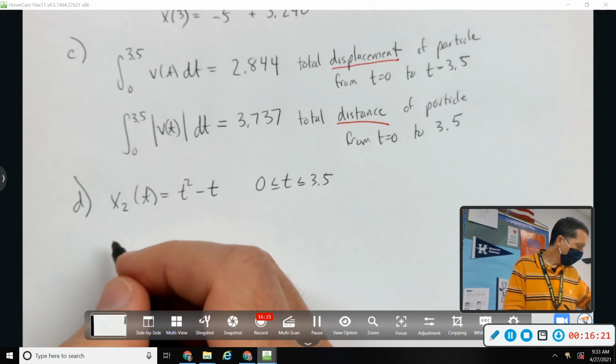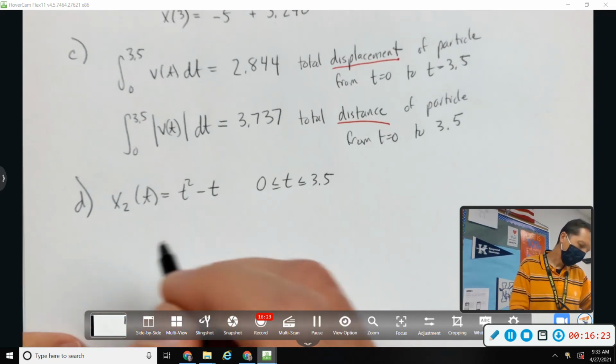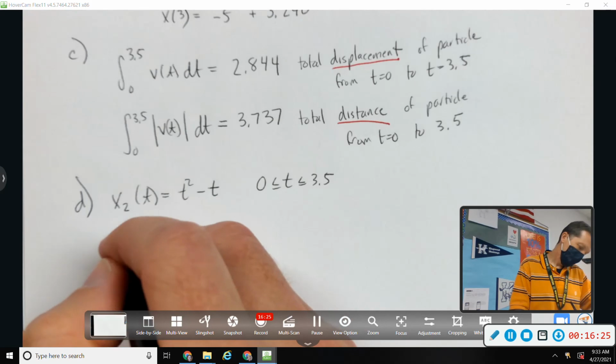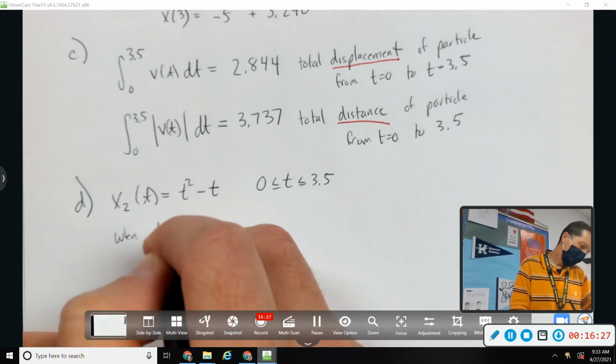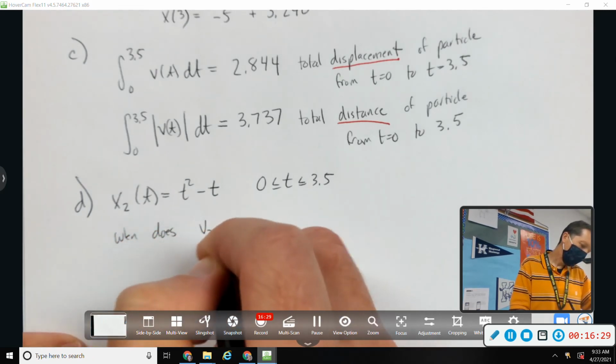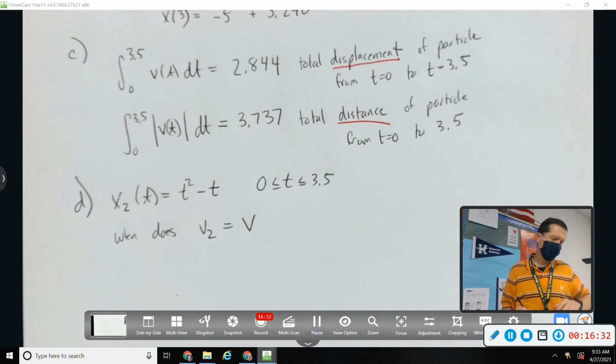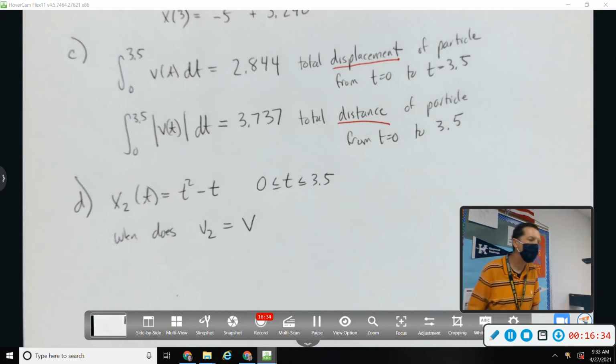At what time are the two particles moving with the same velocity? So when does v2 equal v? It's a little bit weird. We didn't call that other one v1, but I guess it wasn't necessary at the time. When does v2 equal v?